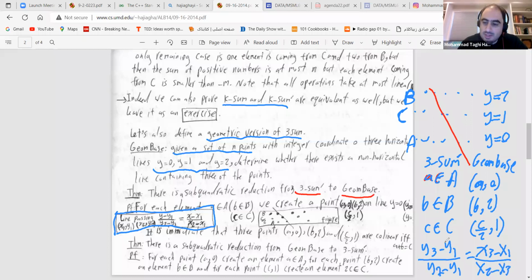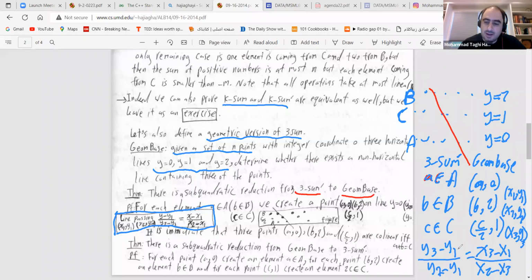This is for the three points (x1, y1), (x2, y2), and finally (x3, y3). So if these three points are collinear, we should have this property. Now, let's see how we can have this.